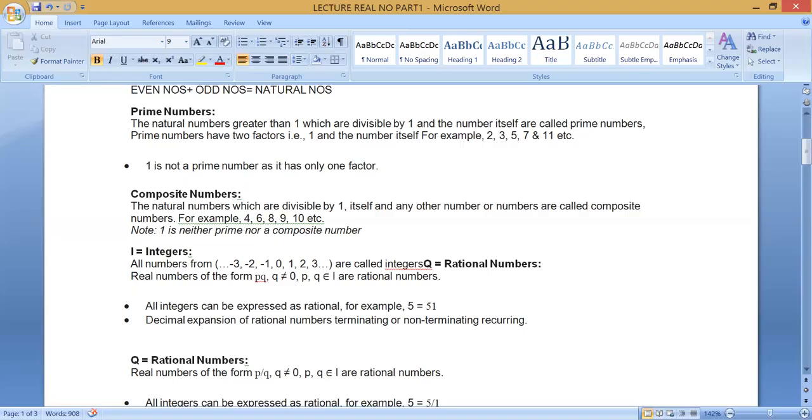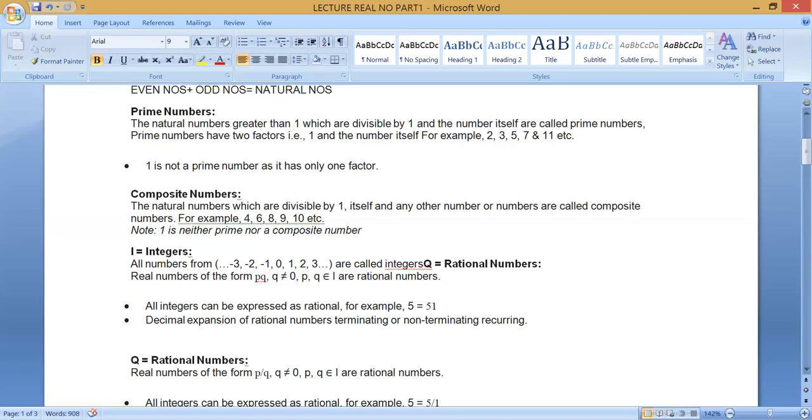For example, one number may be 4 and the other number may be 5, 4 upon 5. These are co-prime numbers. I will be giving the concept of co-prime numbers in the second last exercise, when we talk about root 2 being irrational.